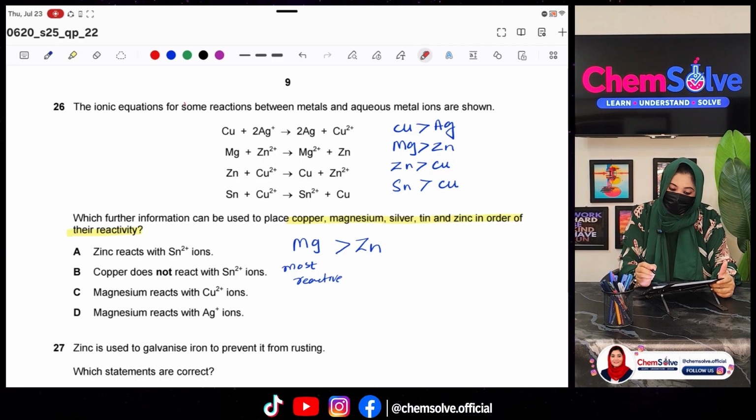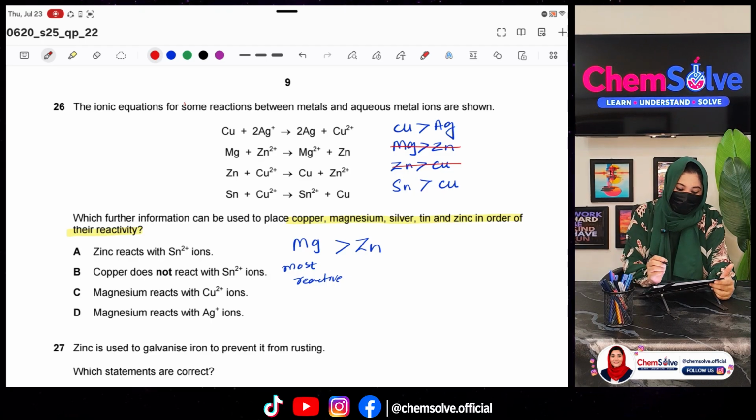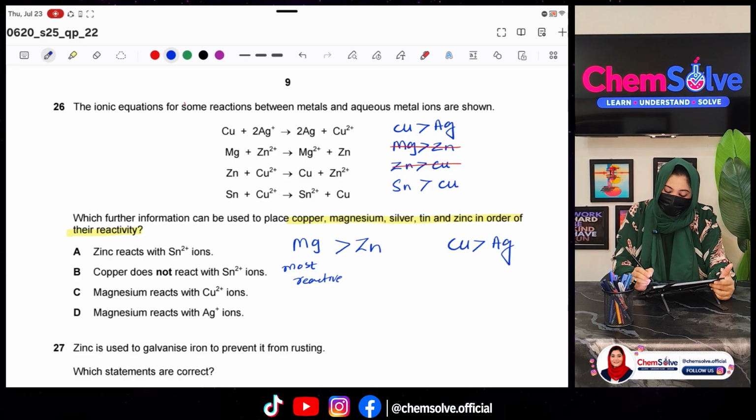Then from this trend we have discussed, now we have to choose between copper and silver. So clearly copper is more reactive than silver. Okay, but what about tin?